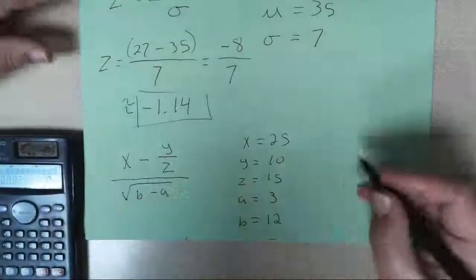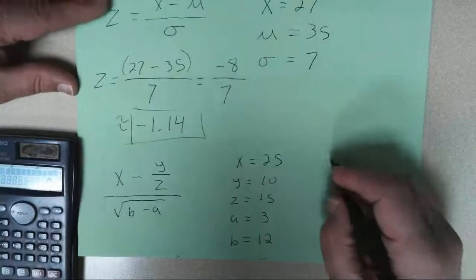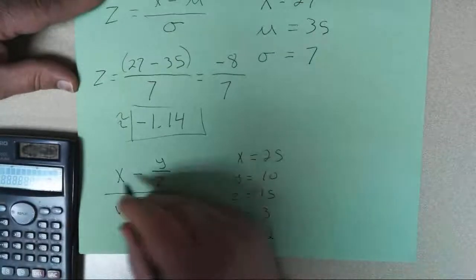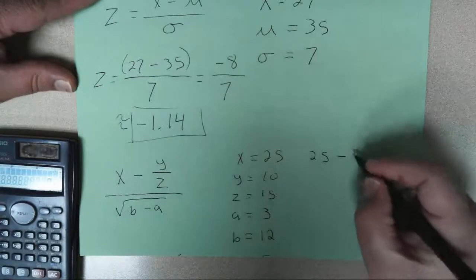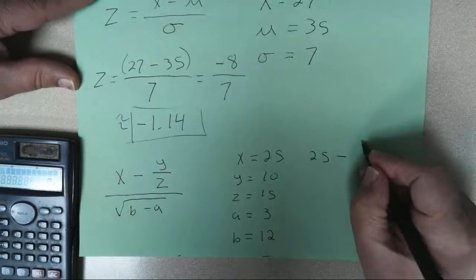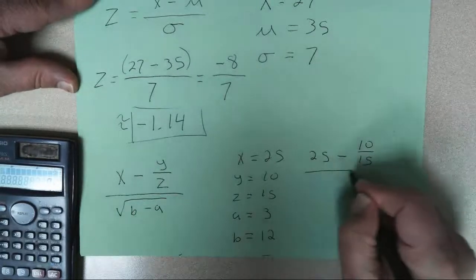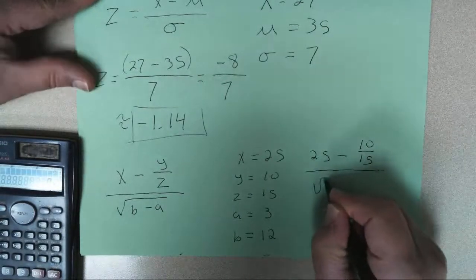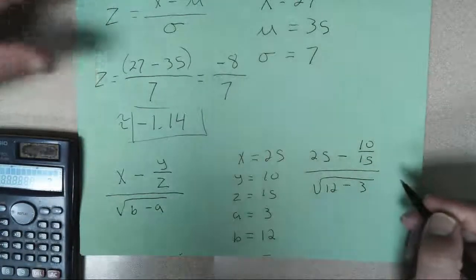Okay, so let's place all this in and then calculate it. Okay, so now I'm going to have 25 in for x minus, and then y will be 10 over 15, all divided by the square root of 12 minus 3.